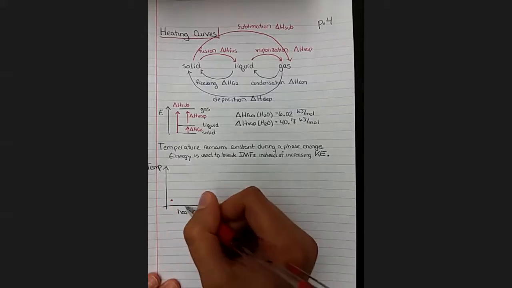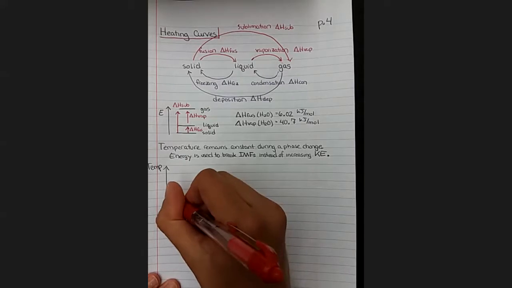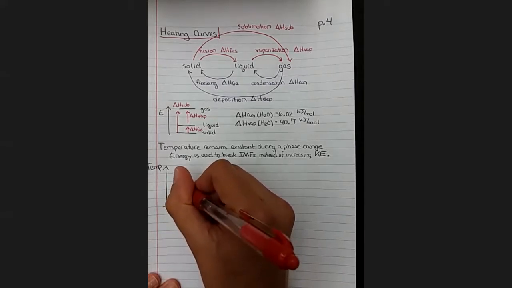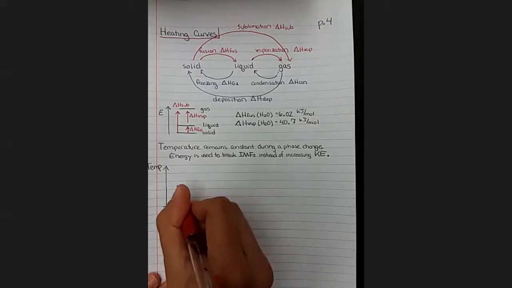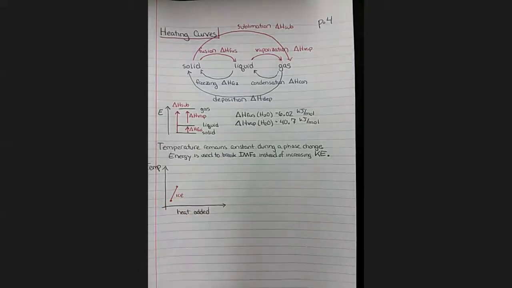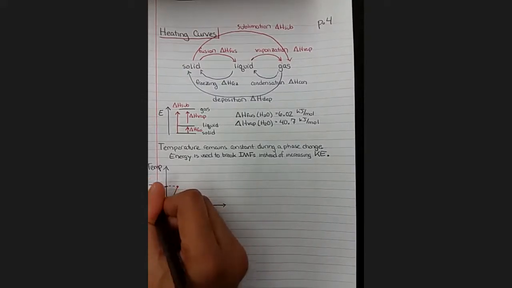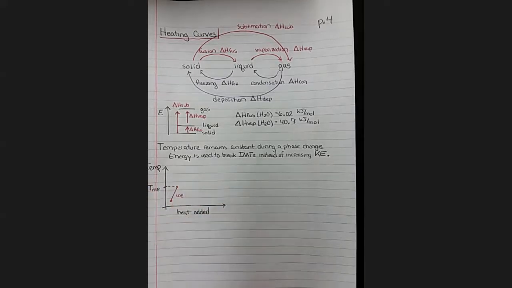Well, as long as it's below its freezing point, as we add heat, the temperature of the ice increases. So this is ice. And it increases until we reach the transition temperature, which is the melting point or the freezing point, whichever you prefer.